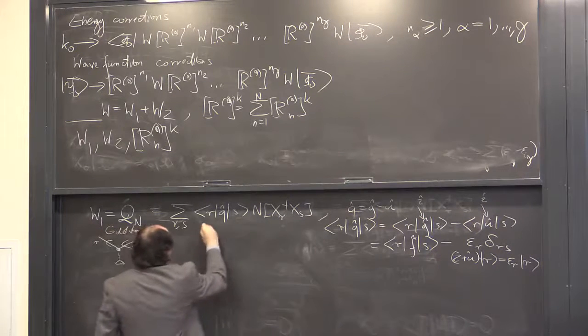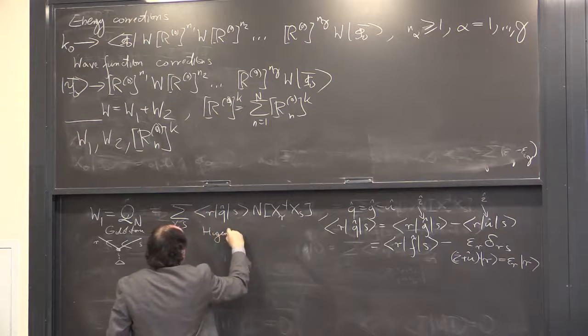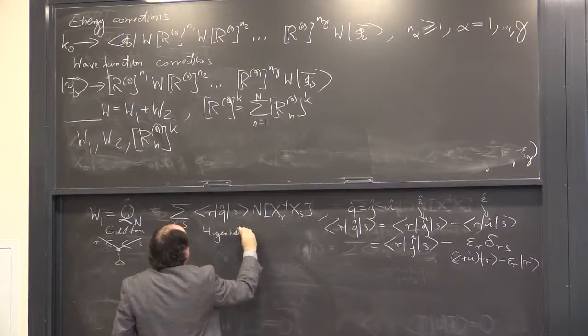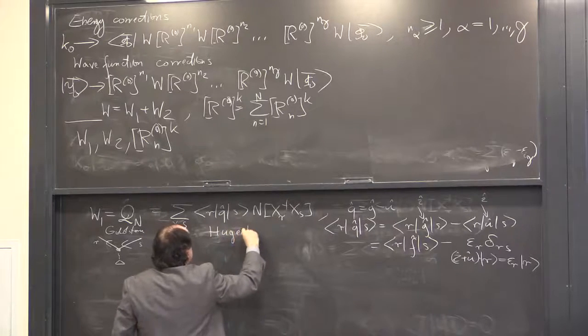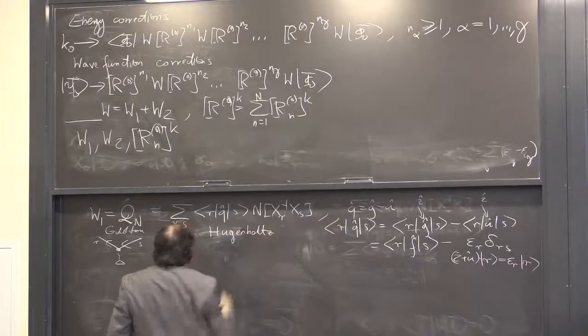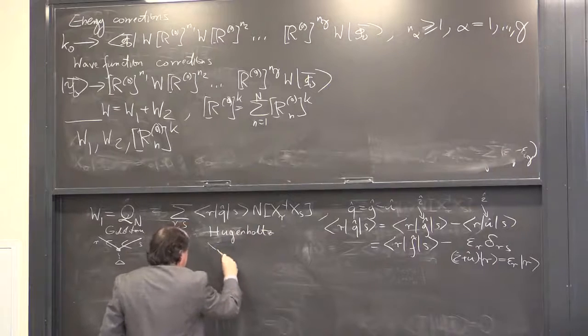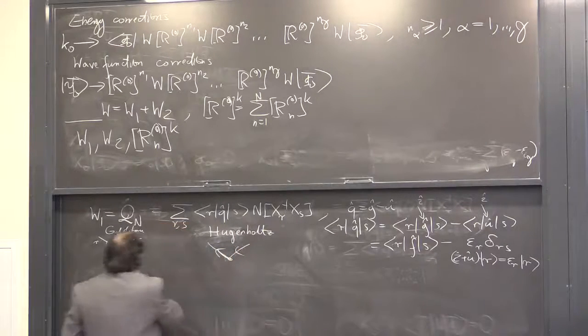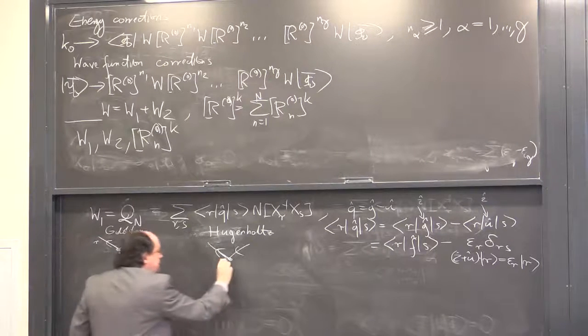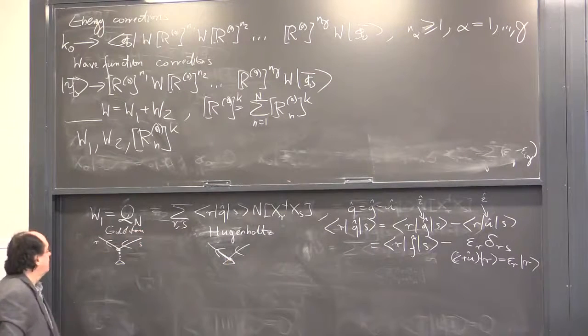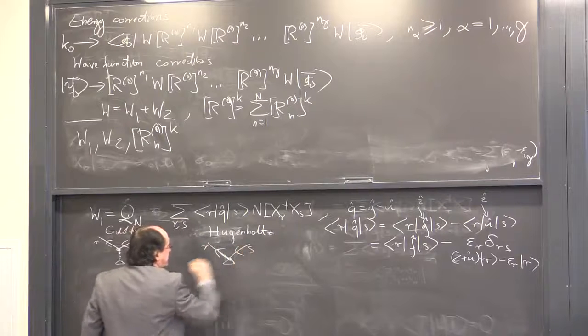Okay, in the Hugenholtz case, also a one-body vertex, but then of course we don't have to write these dashed lines here. We can just stick the triangle on it. Again, label it with R and S.